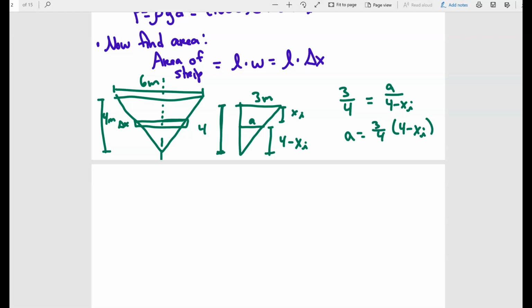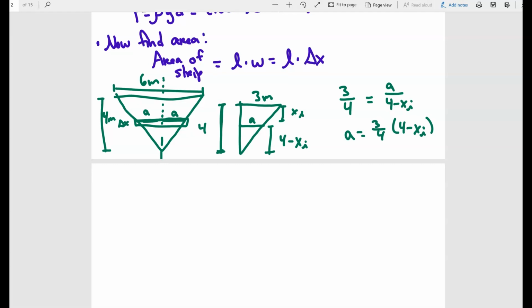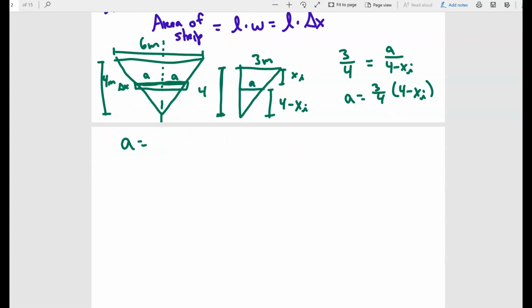Now notice that this is only half of this triangle. We only know this guy. Now we want the whole thing. So this is A. This thing is also A. So all I got to do is just multiply this by 2. So I know that A equals 3/4 times 4 minus xi. So that means 2A is going to be basically multiplying this whole thing by 2.